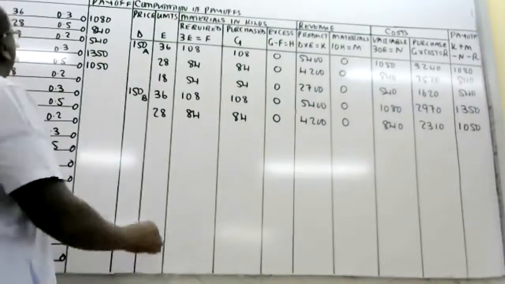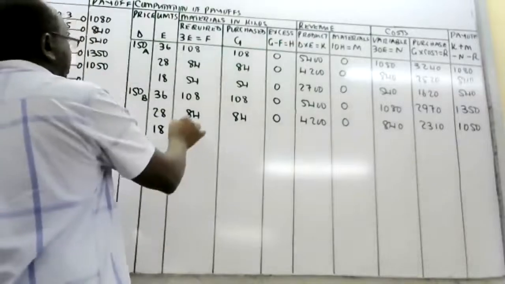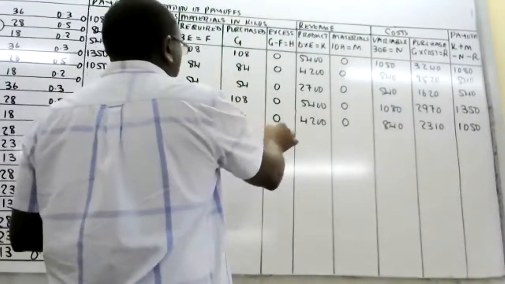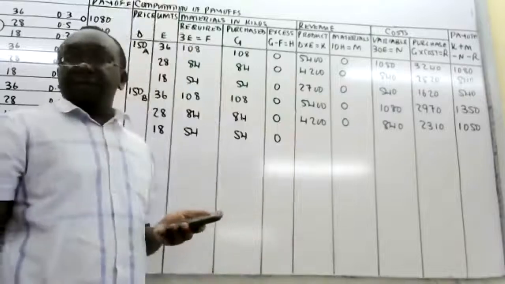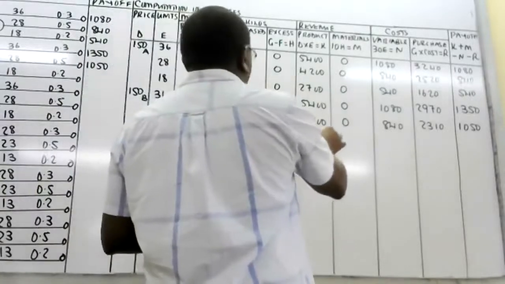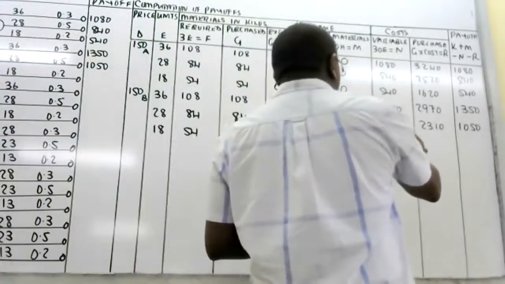So we go to the next one at 18. 18 is 54. 54 here, 0 excess because we are above 50. Then the revenue is still 2700. There is 0 here. The variable cost is 540.